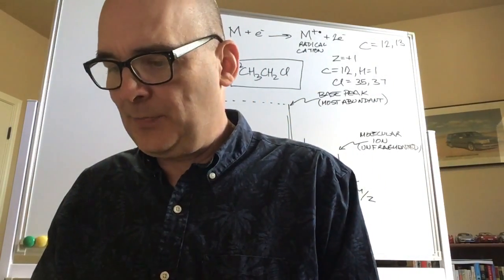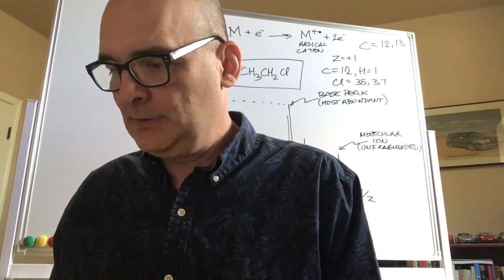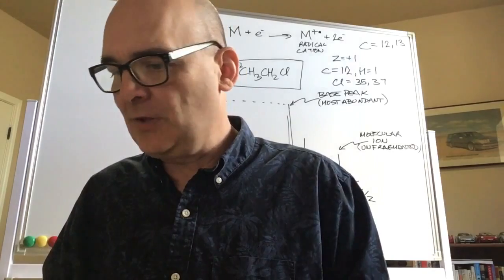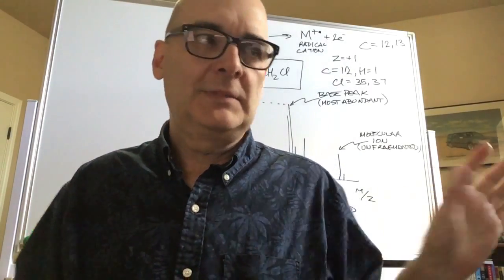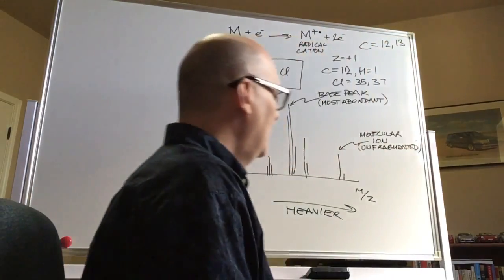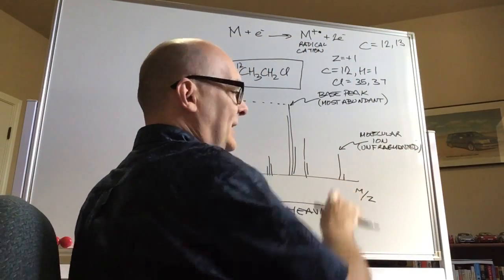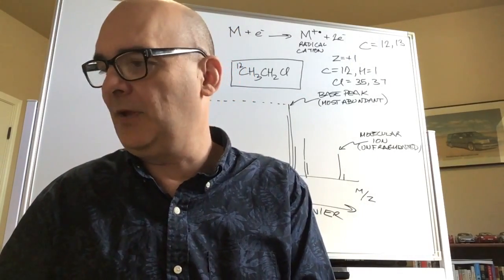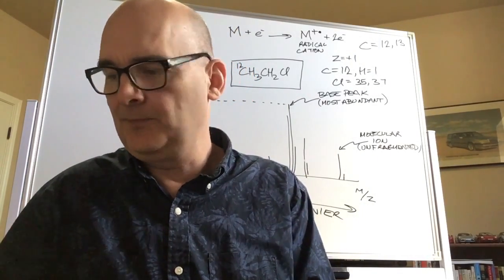All right, let's think about some fragmentations. When it comes to the molecular ion, that's our heaviest signal. It's our unfragmented molecule. But be aware that there is the possibility of having something slightly heavier because of an isotope.